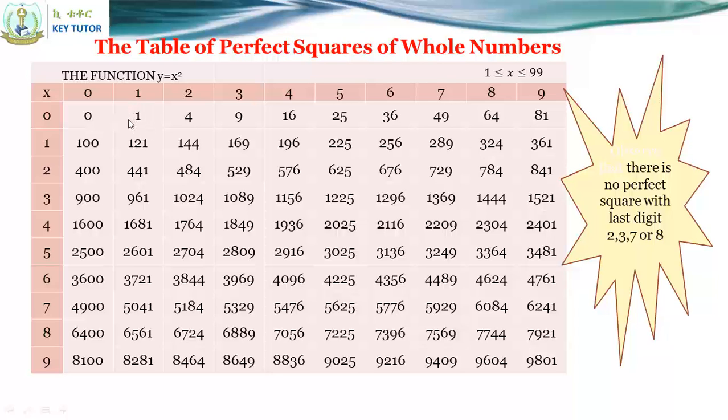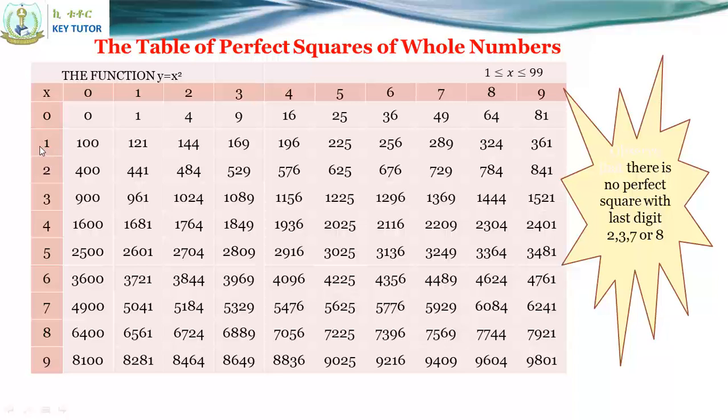Under 1, column 1, row 0, you can see 1, which is 1 squared, 2 squared, 3 squared, and so on, up to 9 squared, which is in the row of 0 and column of 9. We can consider these numbers as 0, 1, 0, 2, 0, 3, and so on squared. Okay? Now comes a very important way of reading.